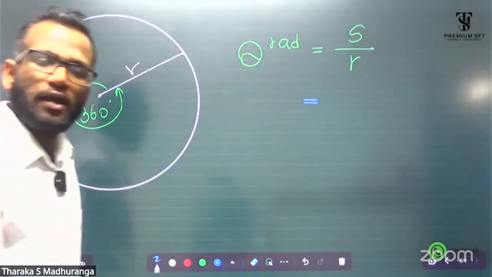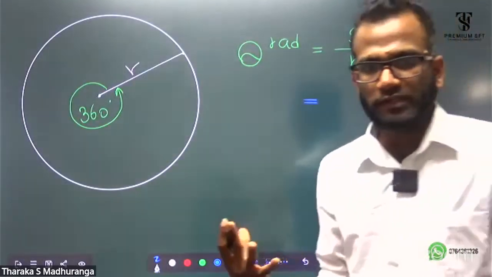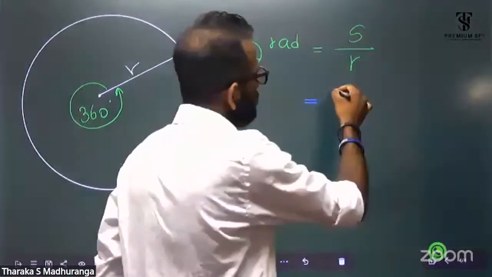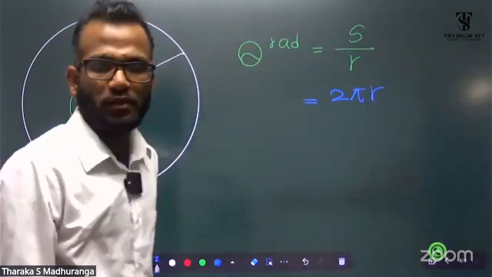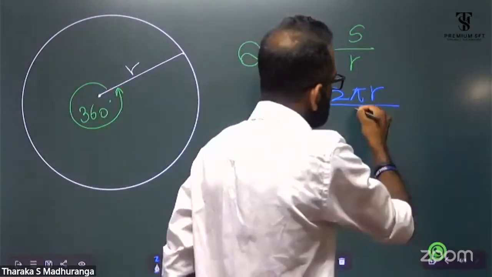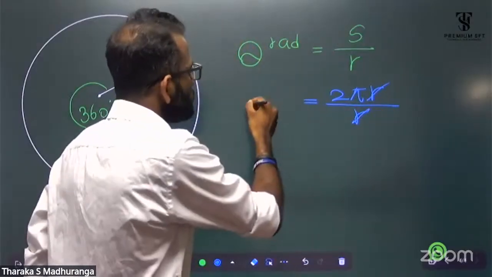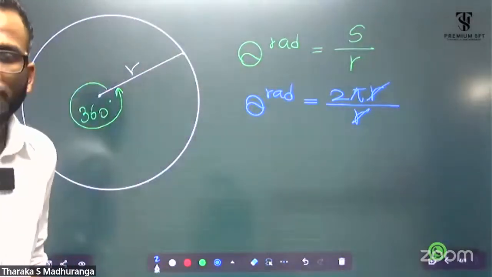Now, what is the full arc length of a circle? It is the circumference, right? It is C. Circumference C is 2 pi r. The radius of the full circle is r. Then r and r cancel out. Then theta radian equals 2 pi.